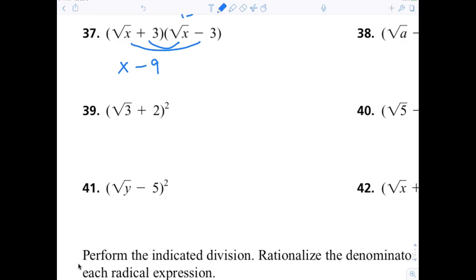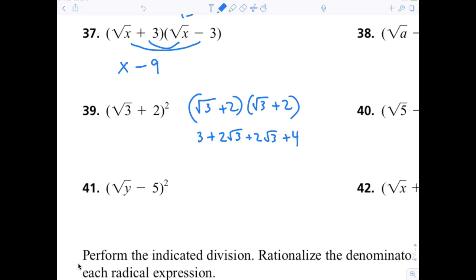Then I have square root of 3 plus 2 times square root of 3 plus 2. 3 plus 2 radical 3 plus 2 radical 3 plus 4. Final answer there. Help me out. 7 plus 4 radical 3.